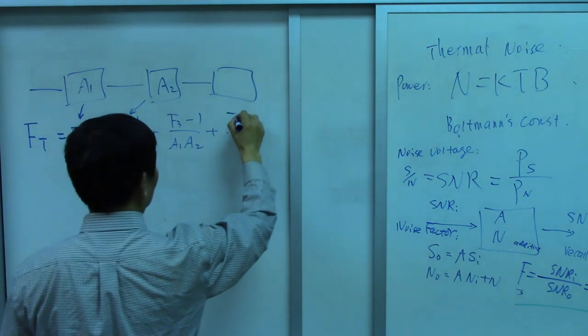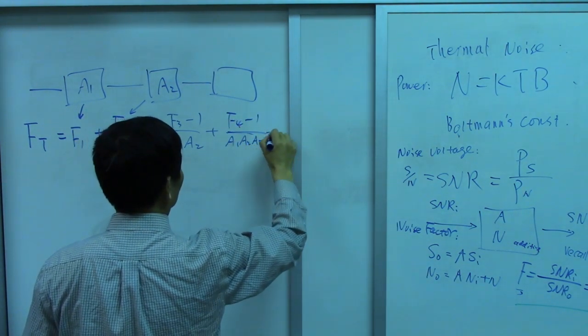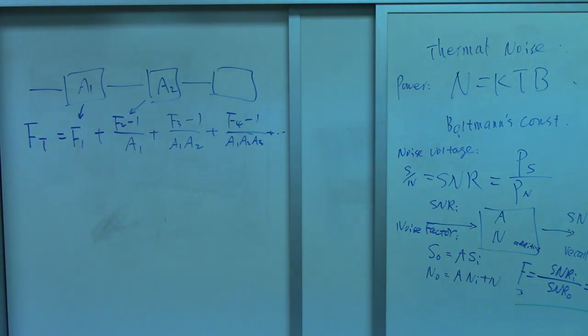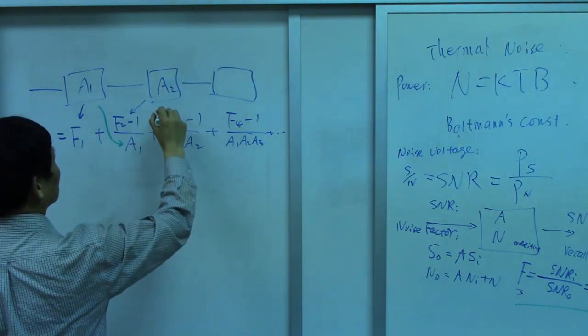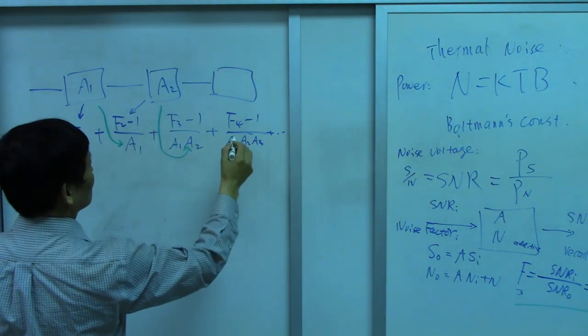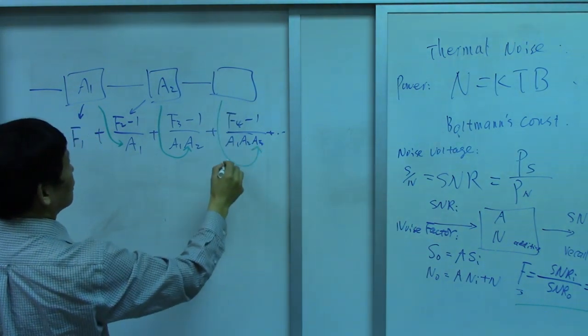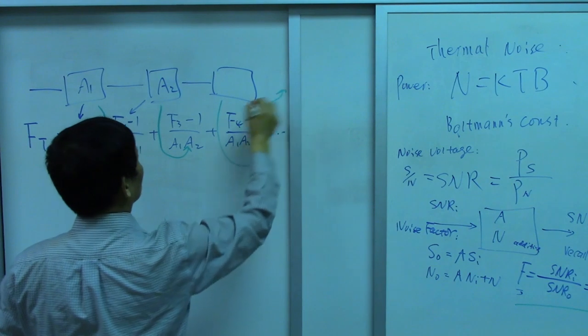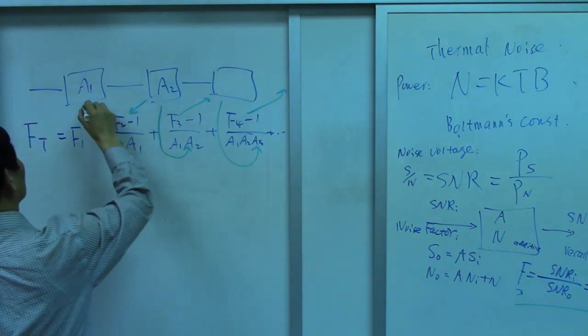If we have a next one, it is F4 minus 1 over A1, A2, A3, and so on. This A1 is here, this A1, A2 is here, and this A3 is here, and this F4 is here.